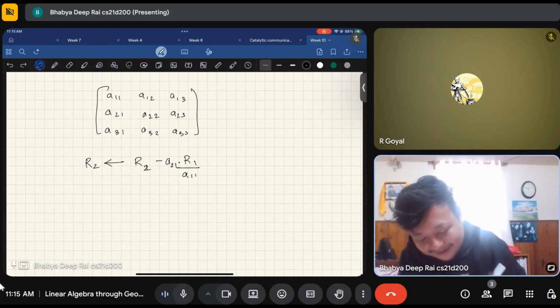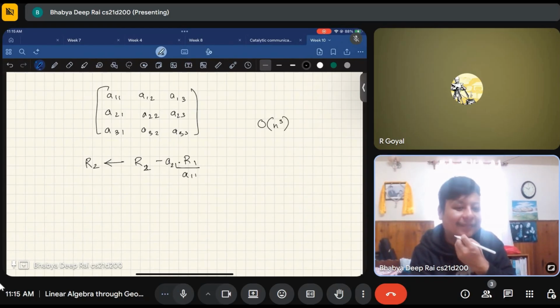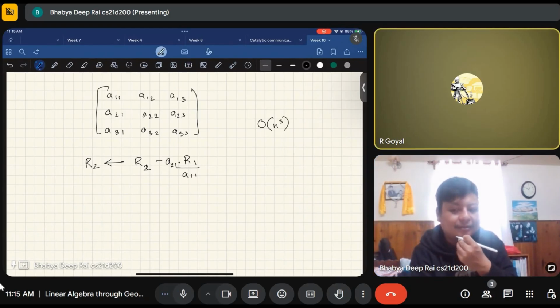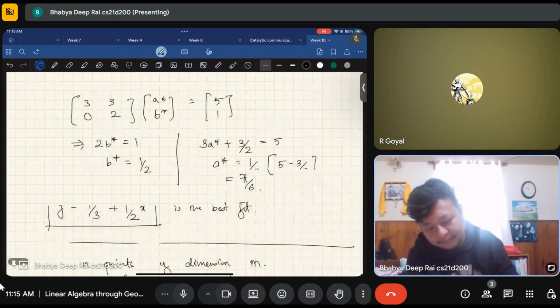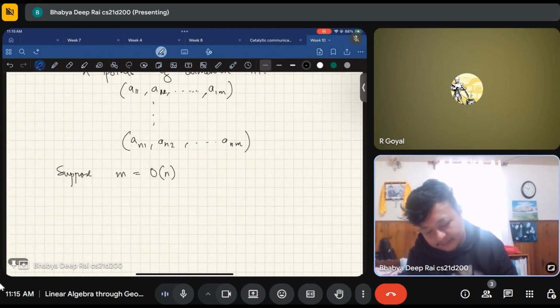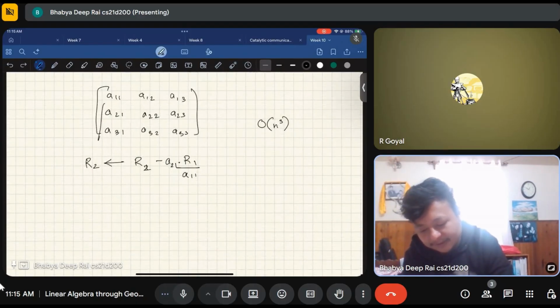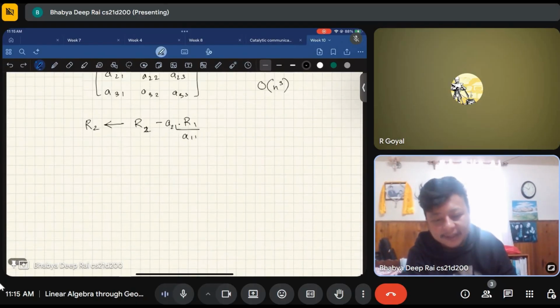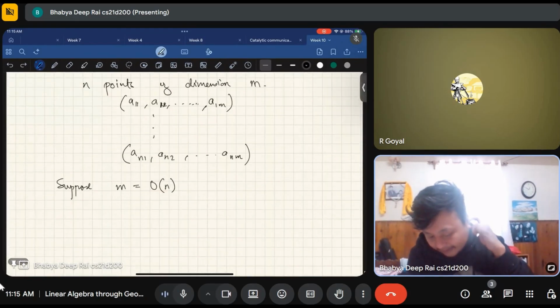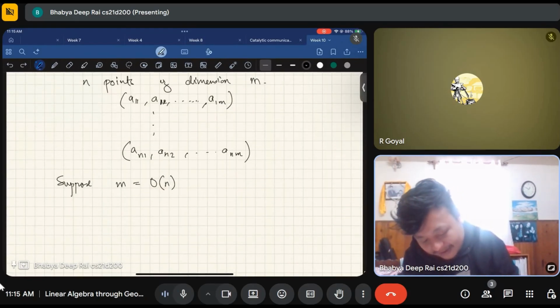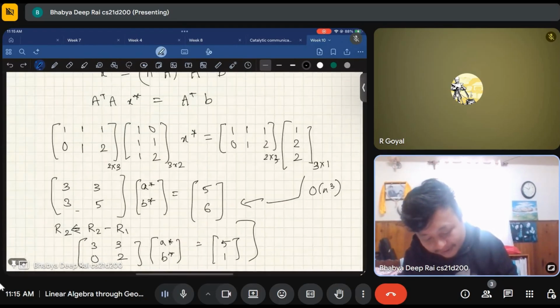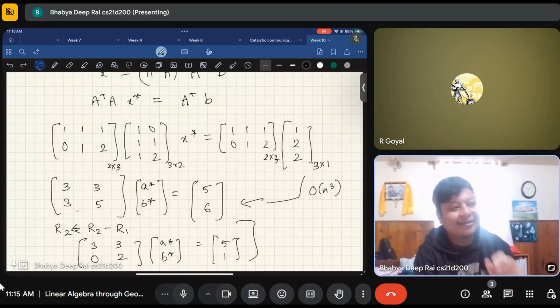So try it out and think about it. Gaussian elimination takes roughly order of n cubed time. Try to approximate the number of elements in the lower triangle. Practically, you use Gaussian elimination.